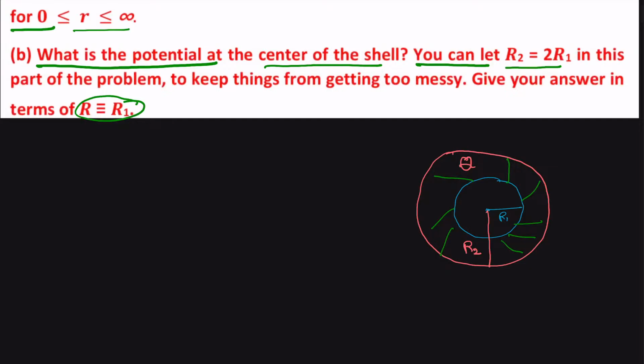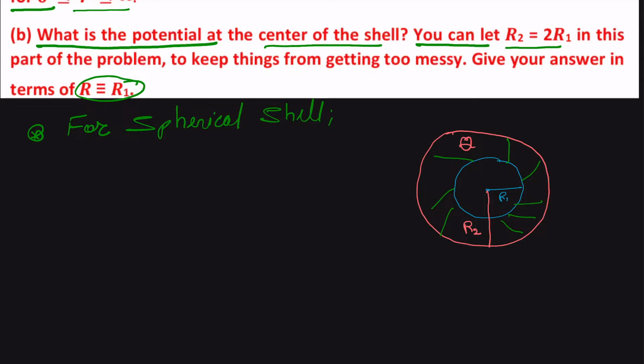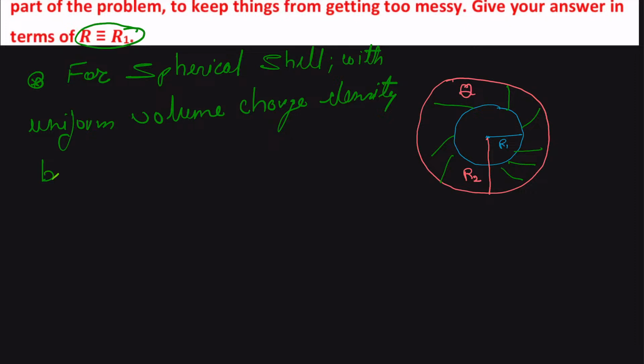So we start from there only, and we say that for a spherical shell with uniform volume charge density between inner radius r1 and outer radius r2, let us suppose that is our rho.